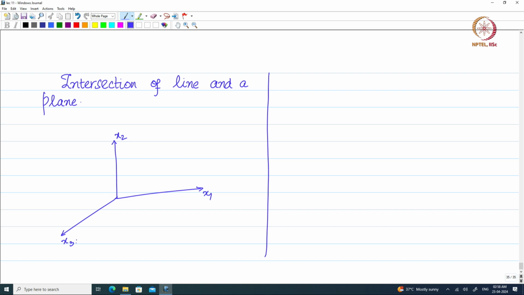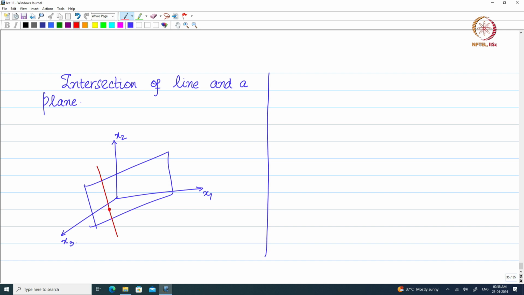Now, assume that I have a plane here and I have a line which basically intersects this plane at this point. Let the line intersect this plane at this particular point. We want to figure out what is the point of intersection, especially when a line intersects a particular plane.